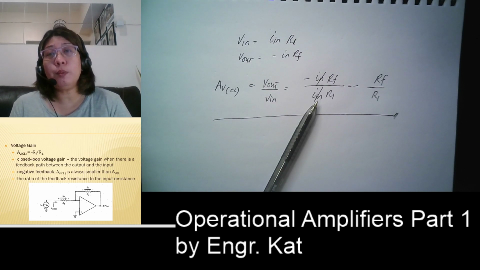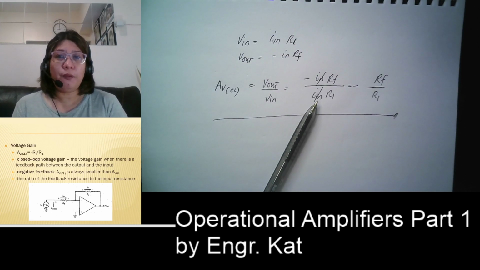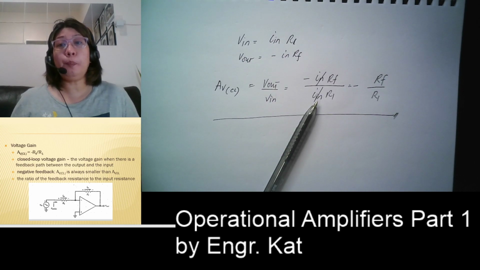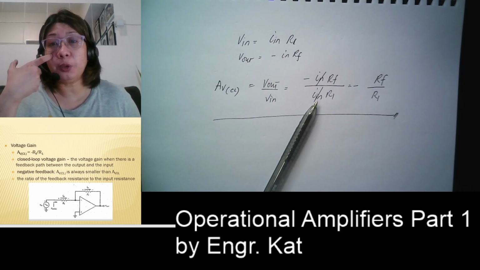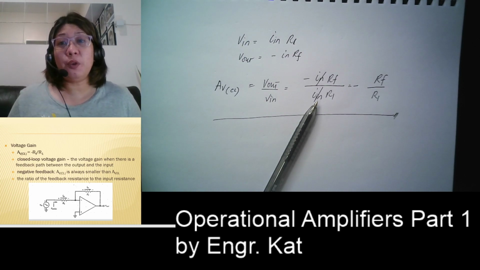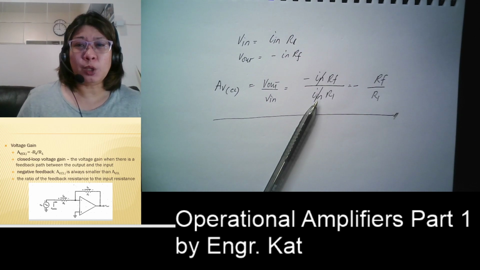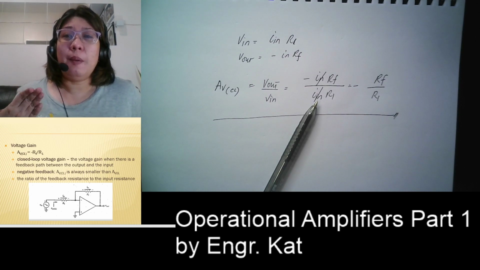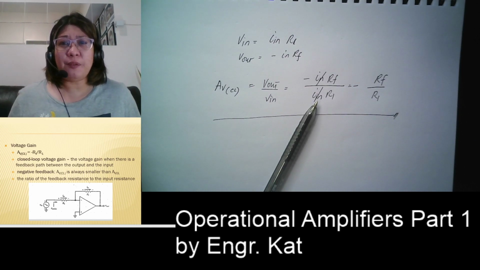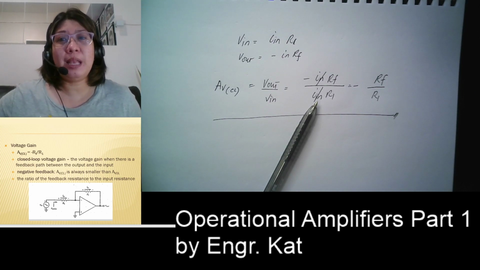So 50 kilo ohms divided by 1 kilo ohm will automatically give you a negative 50 voltage gain. Since you place your input at the inverting terminal, that already gives you an inverting output. So that is how your operational amplifier works as an inverting amplifier.